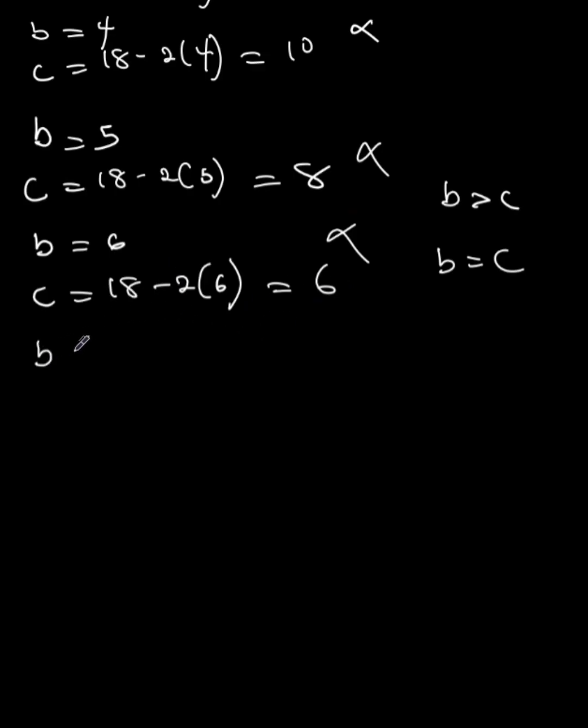Now, let's assume B is equal to 7. Then C will equal 18 minus 2 times 7, and that will give us 4, because 2 times 7 is 14 and 18 minus 14 is 4. Clearly, B is greater than C because 7 is greater than 4. So the first condition is met.